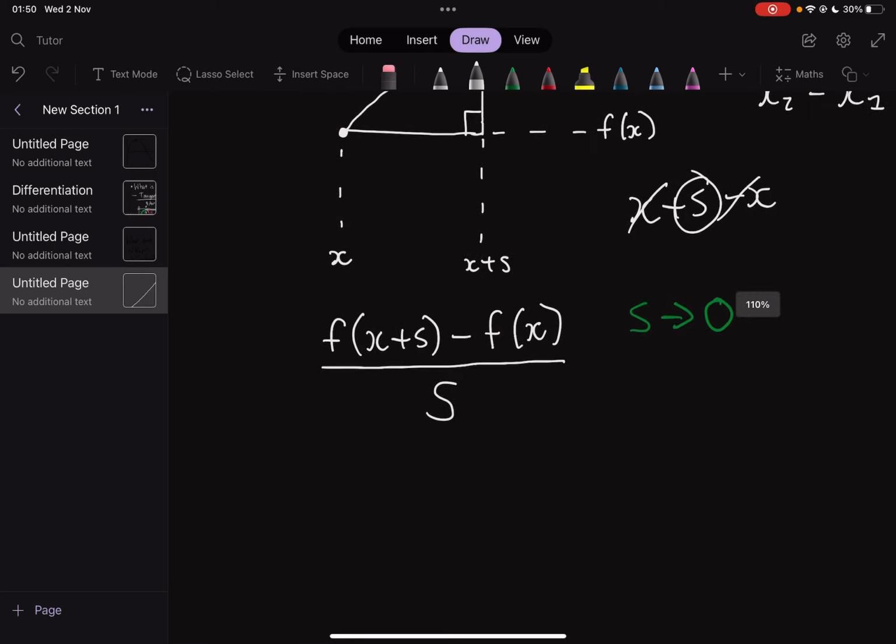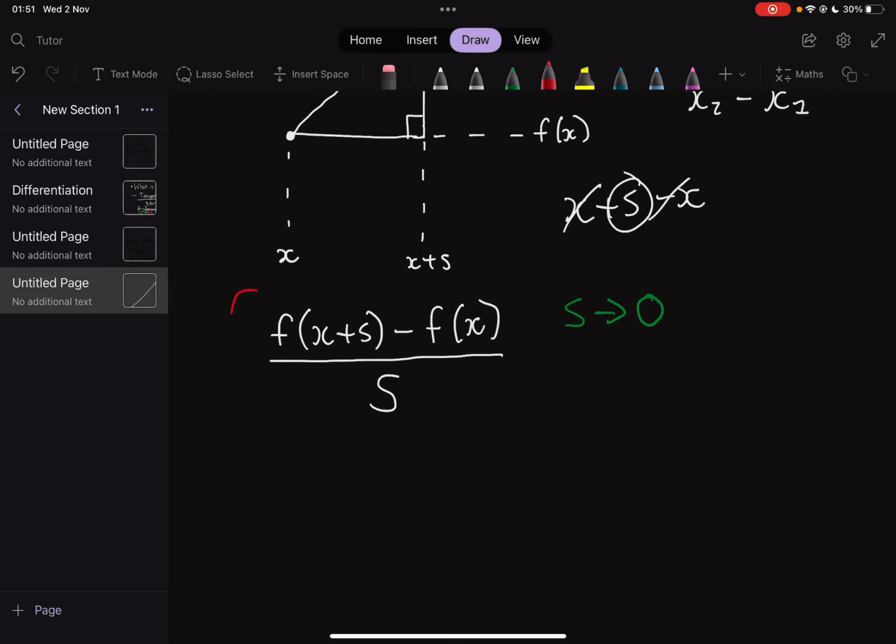So this over here, this is the first principle, and this can be used to calculate derivatives.